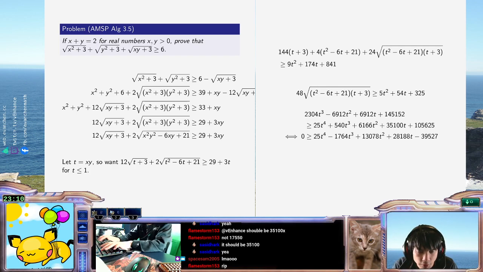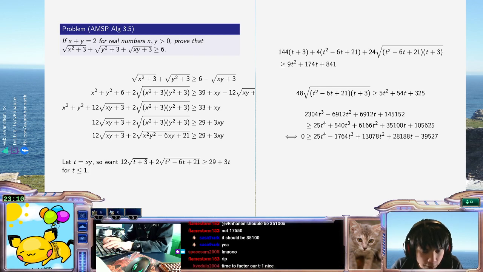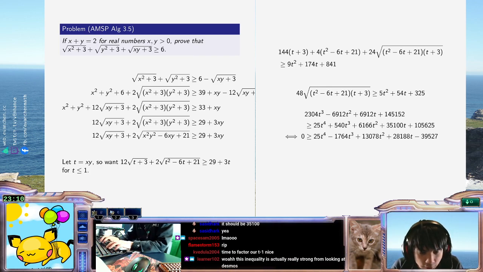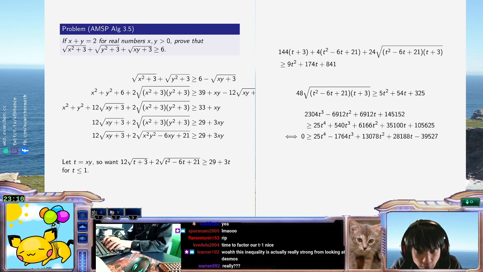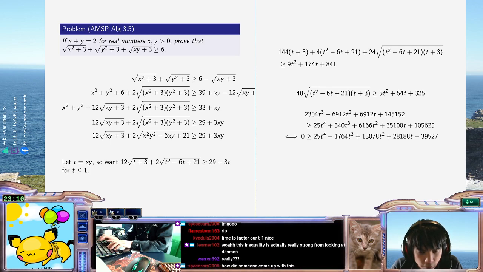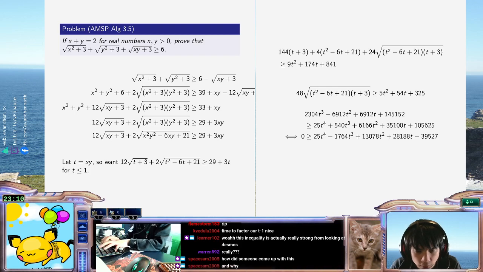So t minus 1 times 25t cubed, and then minus 1764 is minus 1739t squared, and then 1339t squared, or no, 11339, right?